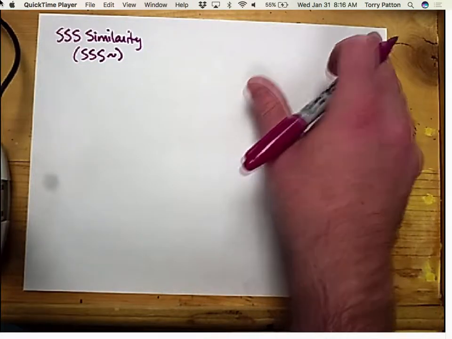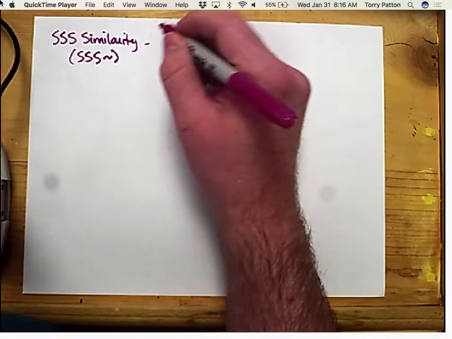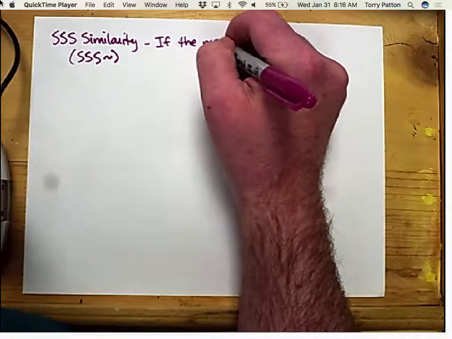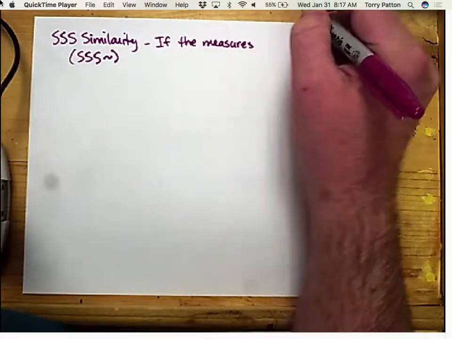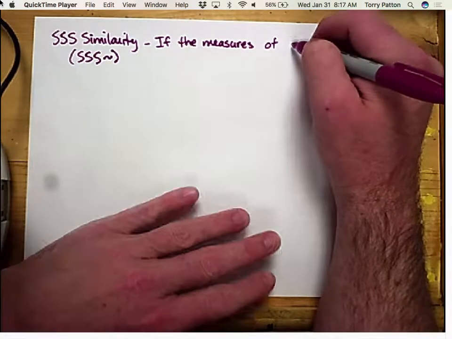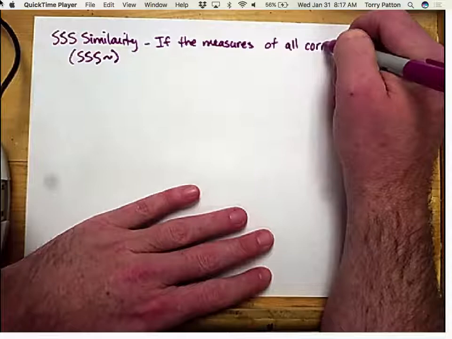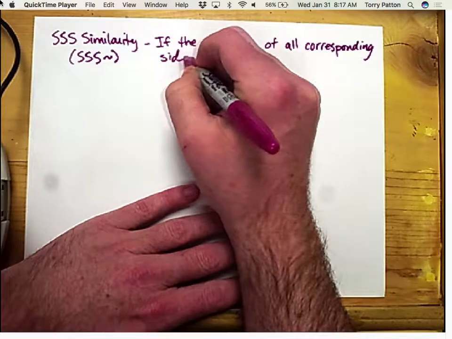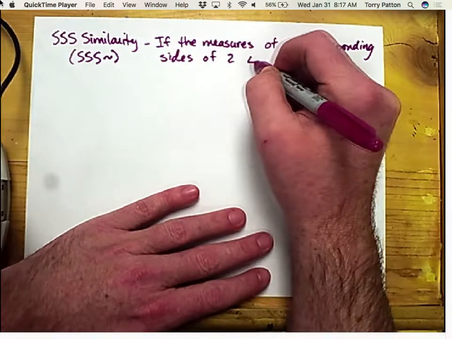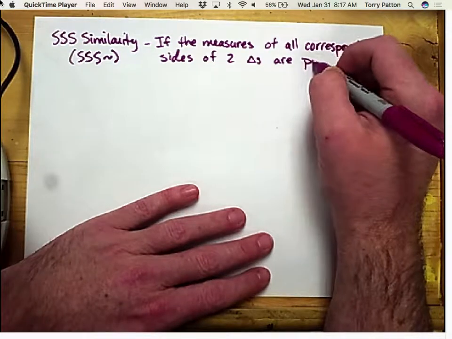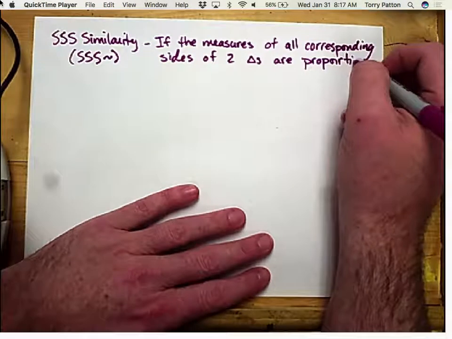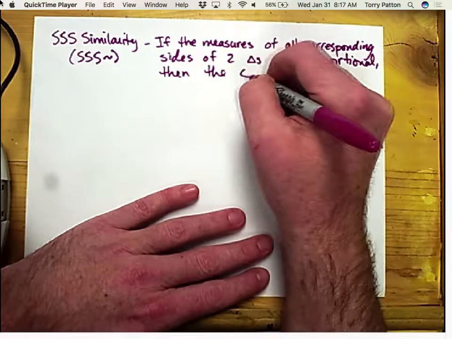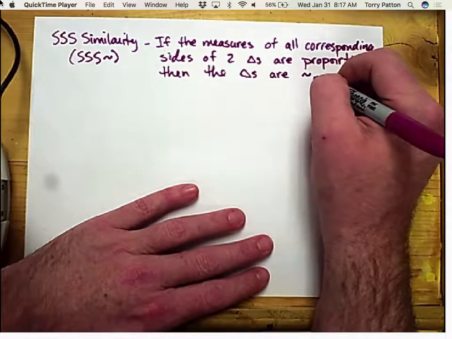And what that means is if the measures of all corresponding sides of two triangles are proportional, then the triangles are similar.